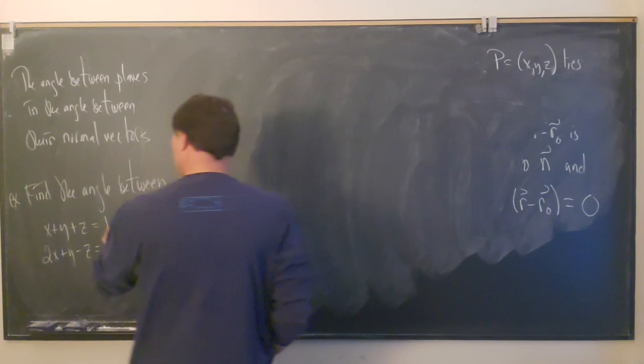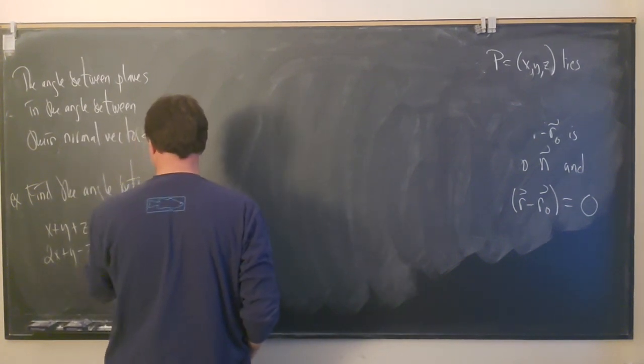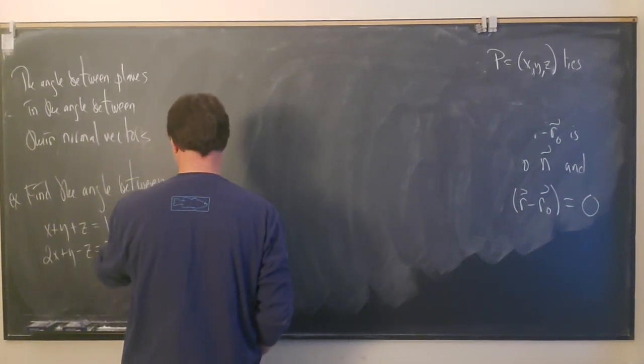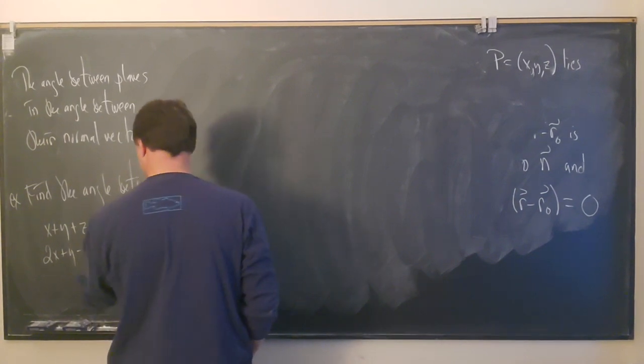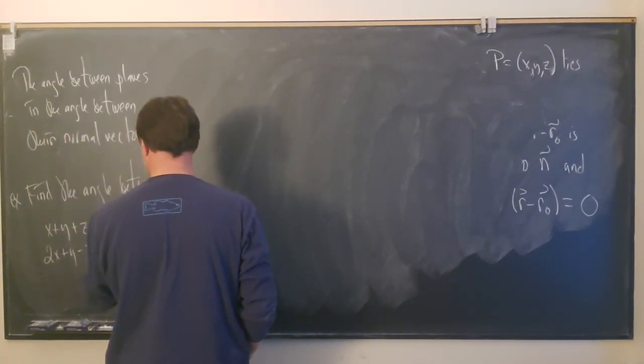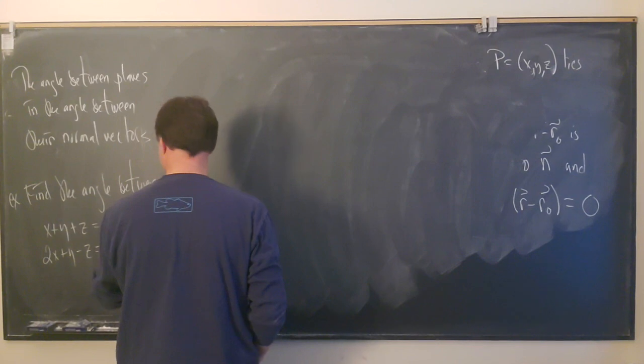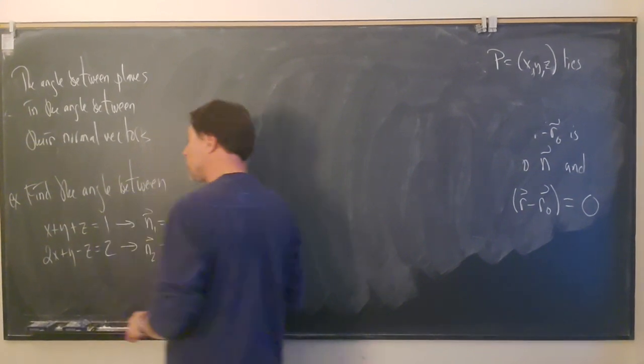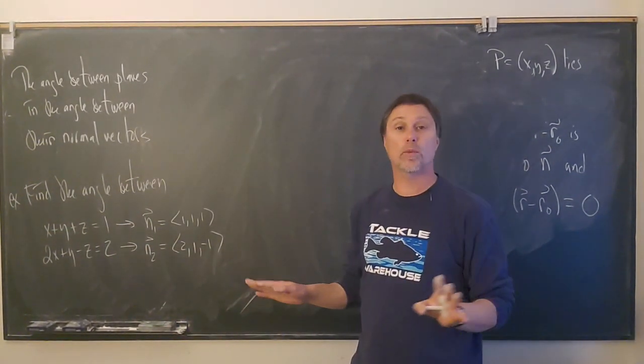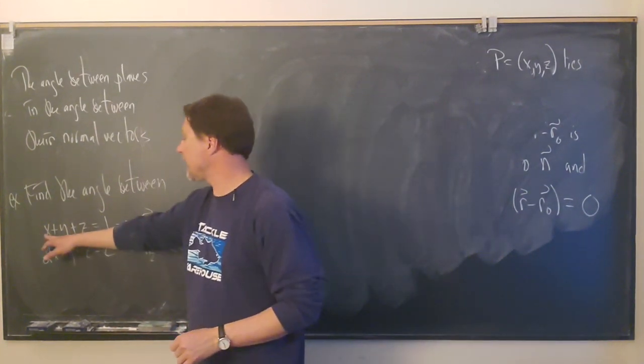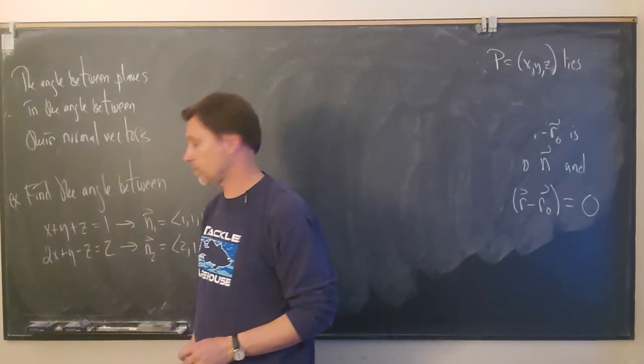Okay, so the normal vector here, let's say n1, is going to be the vector (1, 1, 1). The normal vector here, let's call it n2, is going to be (2, 1, -1). Notice, when you have the equation of the plane, you can just read the normal vector off from the equation by taking the coefficients of x, y, and z.